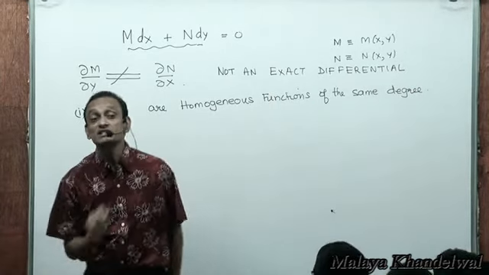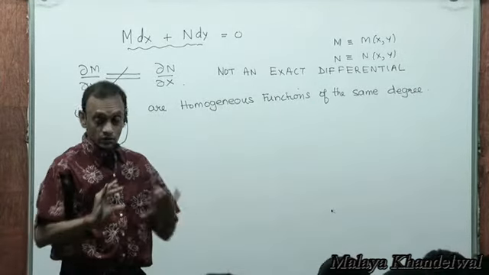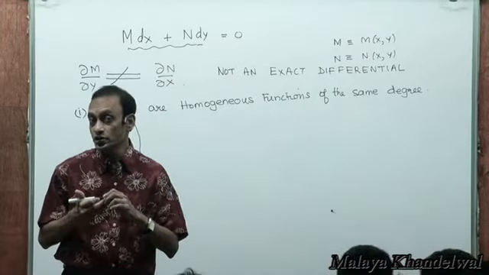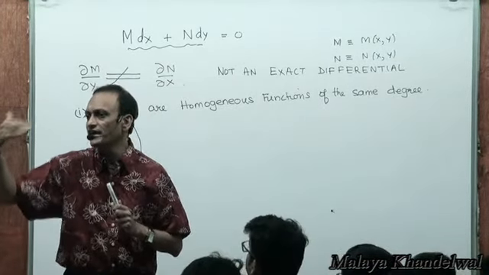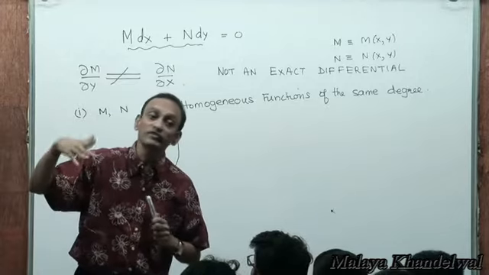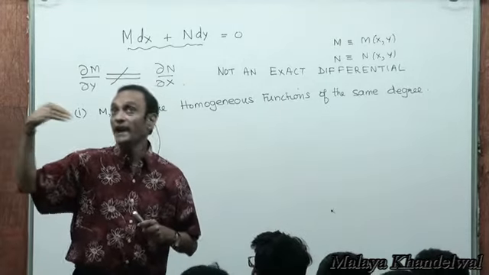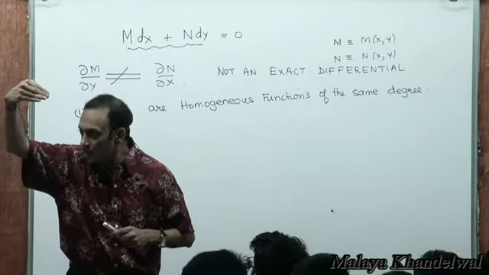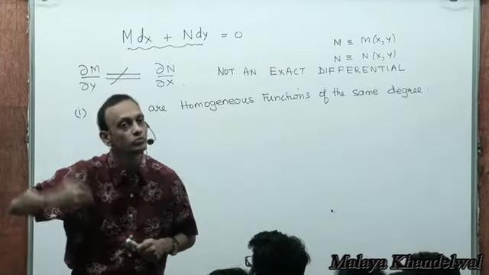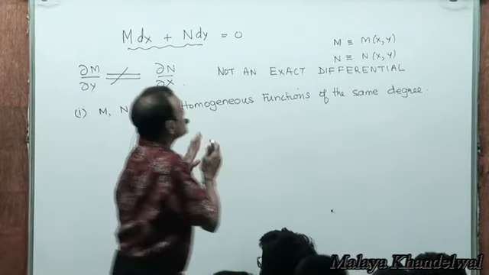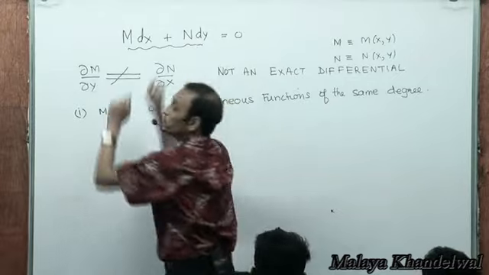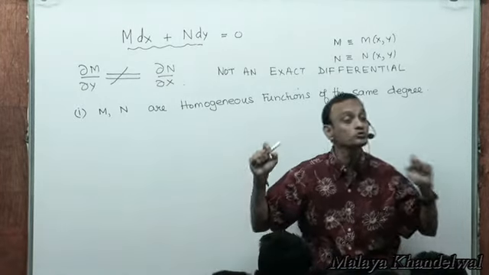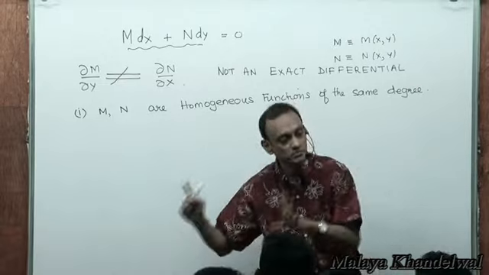Have I discussed what homogeneous functions are? A collection of terms in which if the powers of x and y are added, they will be the same for every term. And the power to which they get added is the degree of the homogeneous expression, right? So this time I'm talking of M and N being homogeneous functions, but of the same degree.